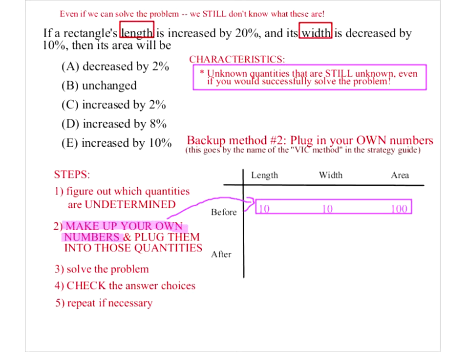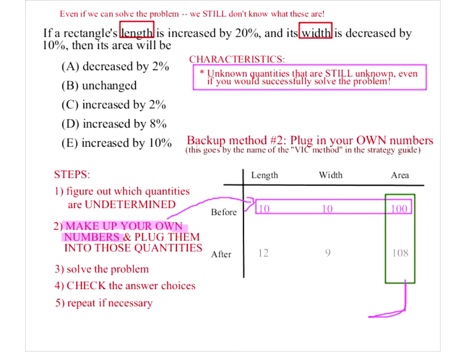Okay. Now that you've got those numbers, let's just do what's in the problem. If we increase the length by 20%, then we get a new length of 12. If we decrease the width by 10%, we get a new width of 9. And then 12 times 9 is 108. So the area has gone from 100 to 108.